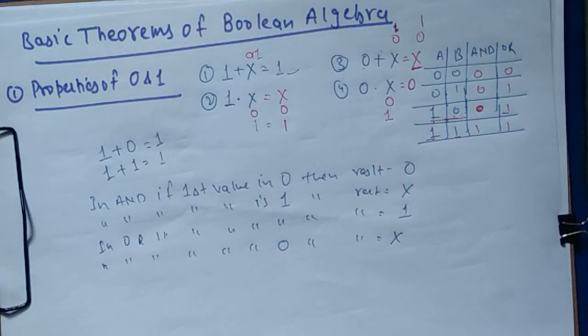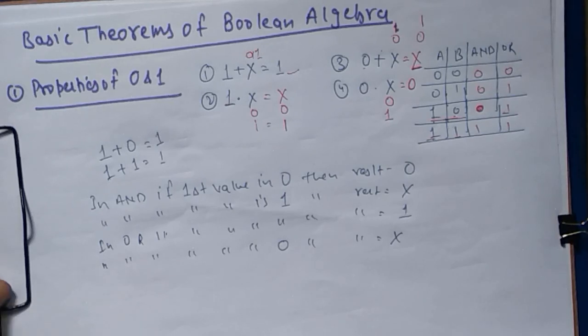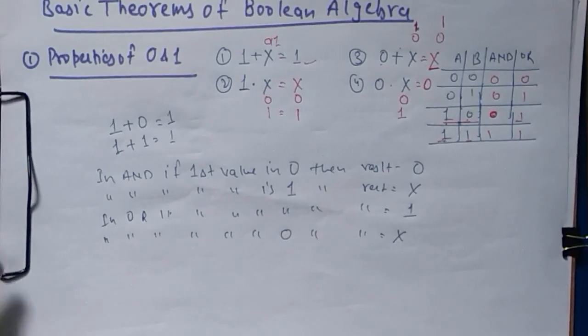If the first and second values are 0, the answer will be 0. If the first value is 0 and the second value is 1, the answer will be 1. So the answer depends upon the value of x. Okay, so these are the properties of 0 and 1.